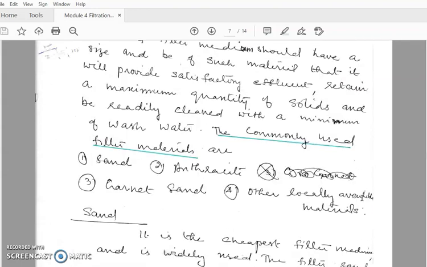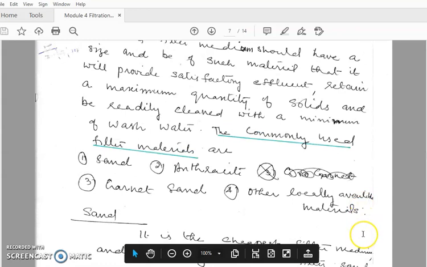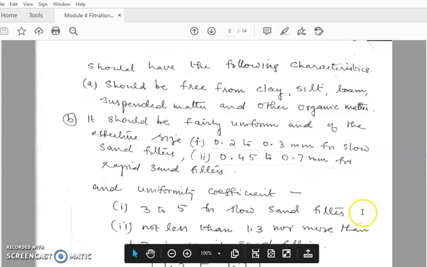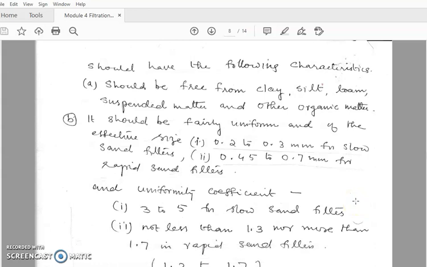Now this sand should have some properties. Here it is mentioned that the sand should be free from clay, silt, loam, suspended matter and other organic matter.